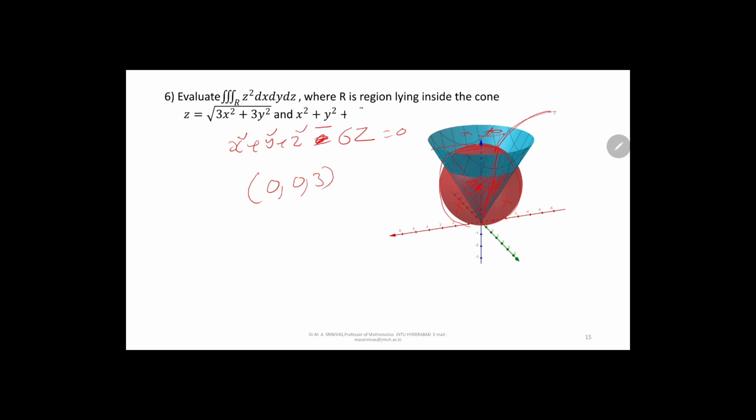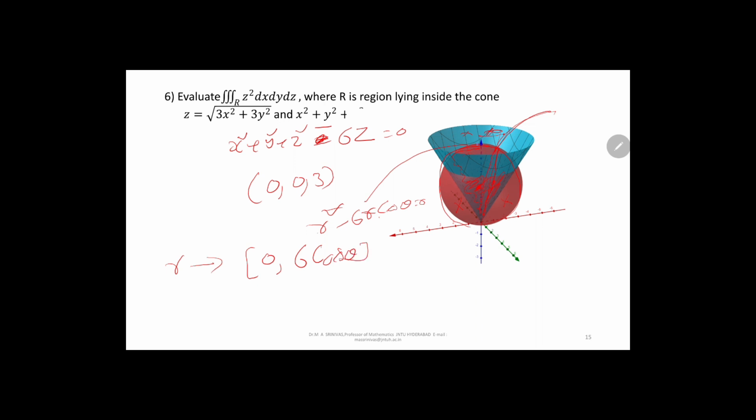So what is the equation of this sphere in polar coordinates? X square plus y square plus z square is r square, minus 6 r cos theta is equal to 0. R is equal to 6 cos theta. So r varies between 0 and 6 cos theta.